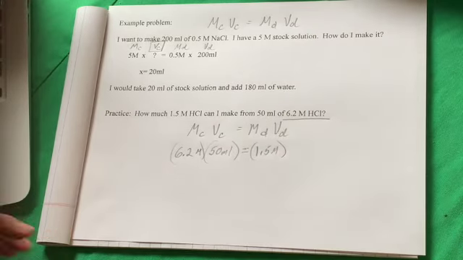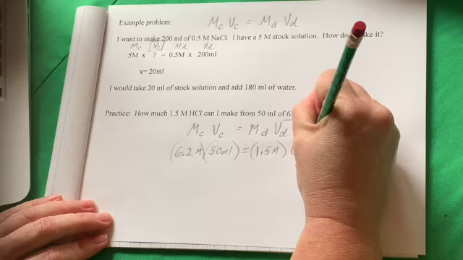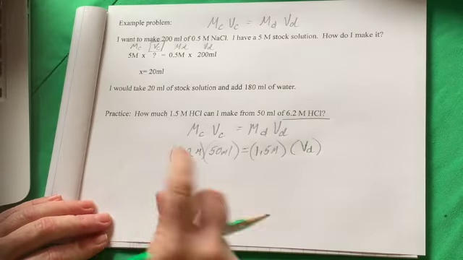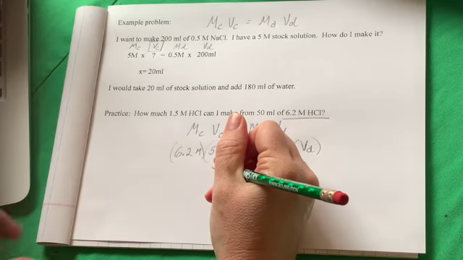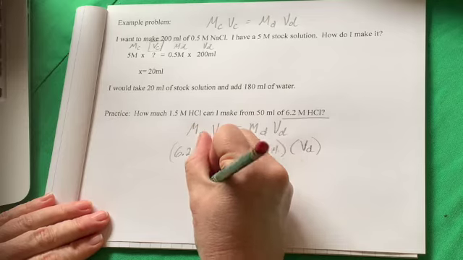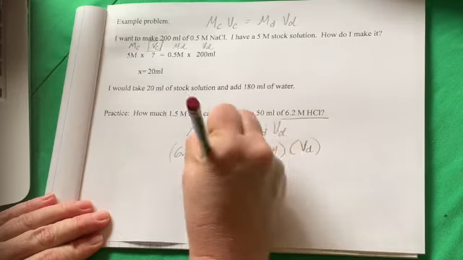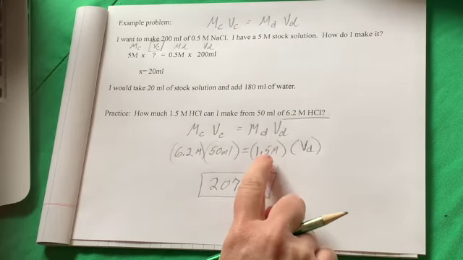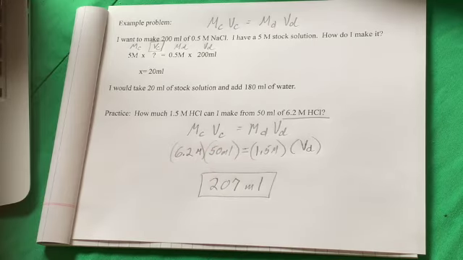And I want to know what volume, so this is what I'm going to be solving for: the volume of the dilute, how much I can get from that. I'm going to plug all of those numbers in. Your molarity will divide out, and you are left with about 207 milliliters. So you can make 207 milliliters of your new dilute solution from this amount of concentrated solution. Okay, all right, fantastic.